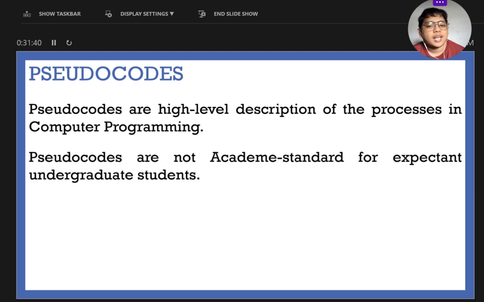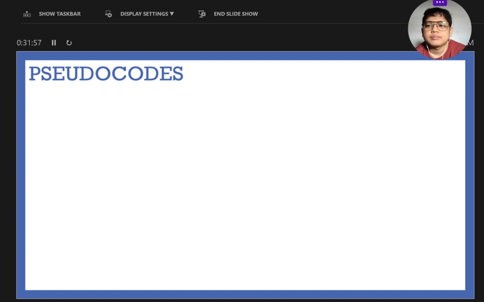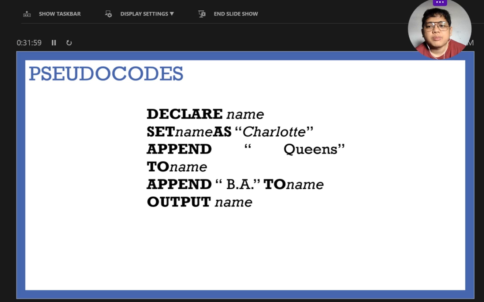They are not an academic standard for undergraduate students. However, there is a growing demand for the usage of pseudocode not only in the academic sector but also the research sector. This is an example of pseudocode.